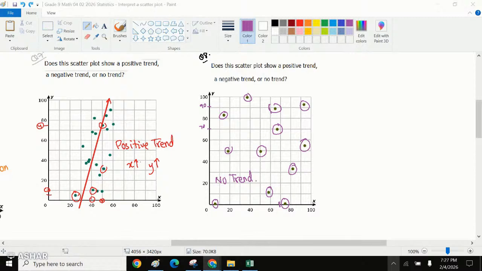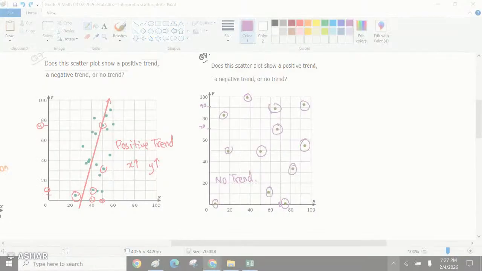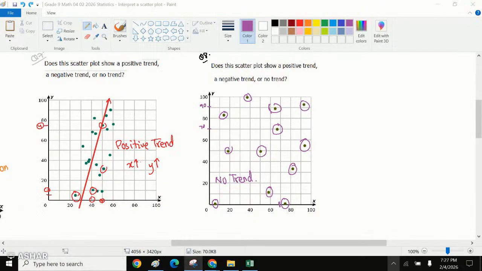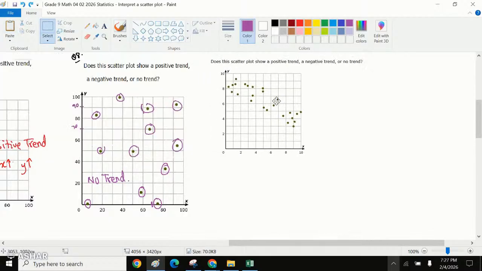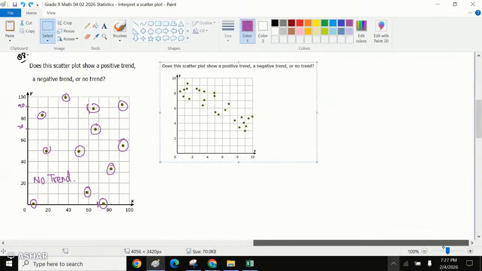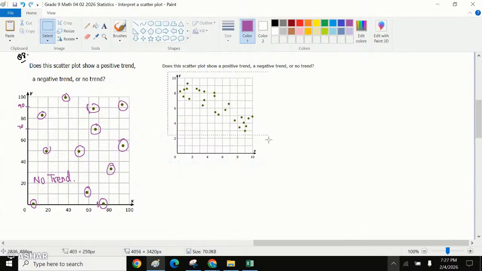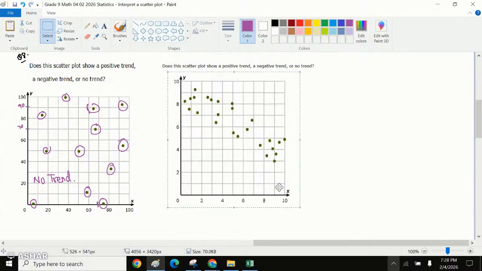Question number 9. We have the next question. It says, does this scatter plot show a positive, negative, or no trend? Same requirements. Let's see what we can say about this.